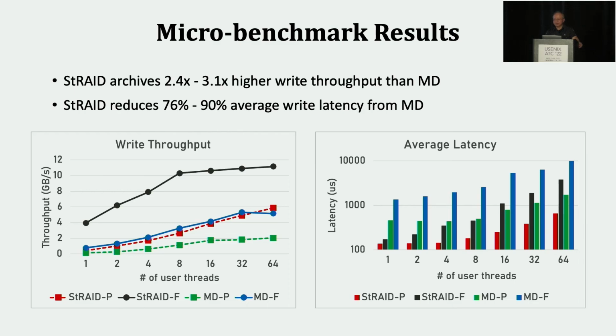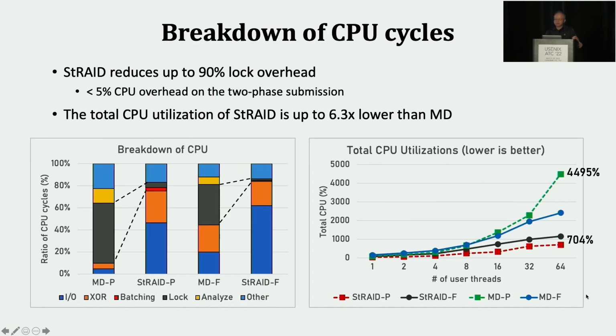Comparing CPU utilization of StRAID and MD with 64 threads, the left figure shows that StRAID reduces up to 90% of lock overhead and almost all the stripe state checking due to the stripe threaded architecture.